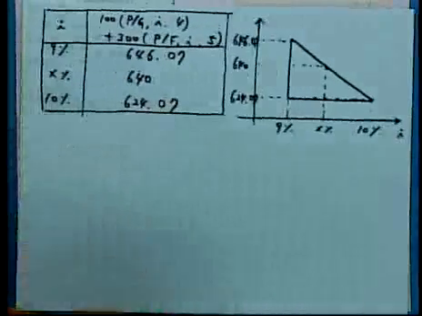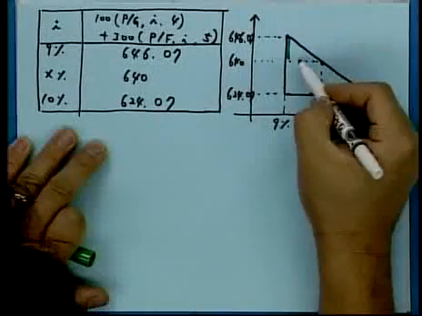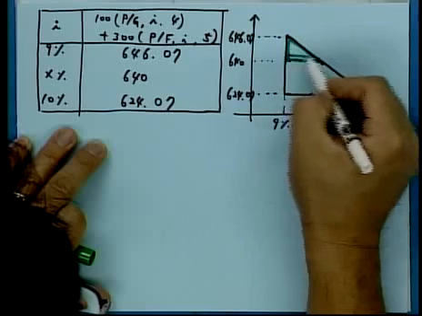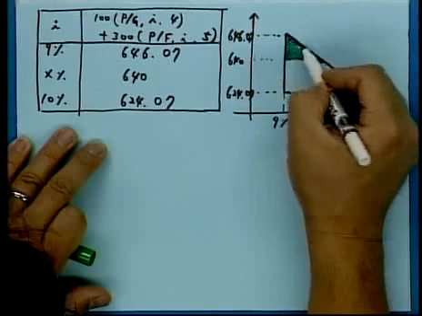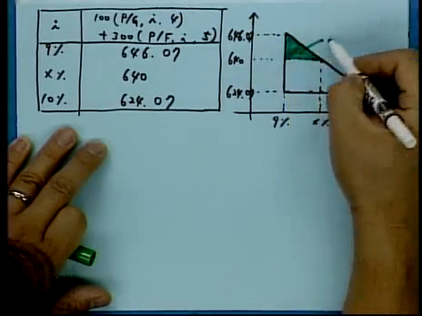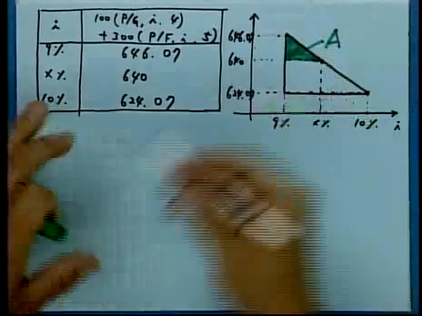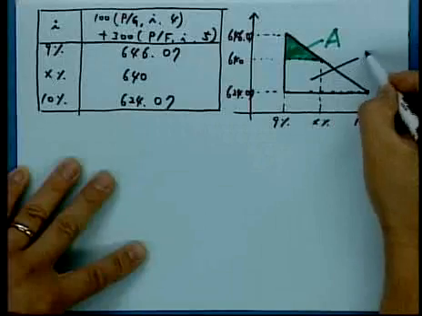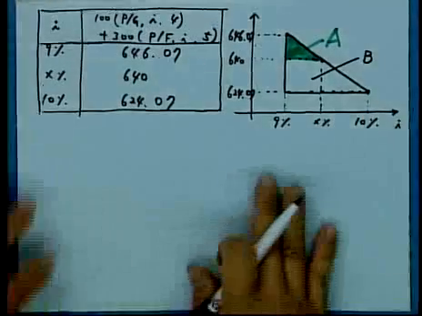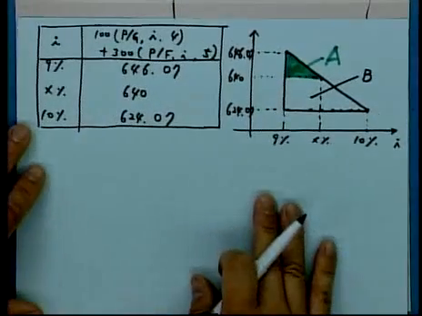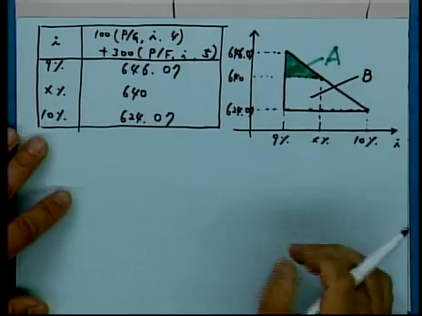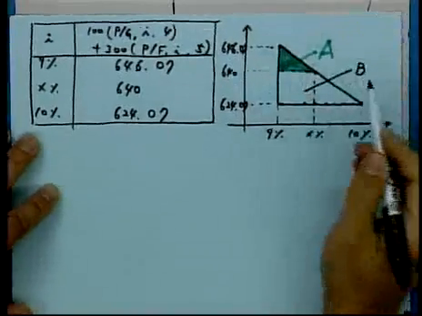You also have a small triangle here. And we call this small triangle A, and large one B. Okay? So our interpolation is based on these 2 triangles.